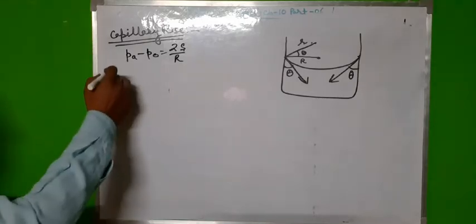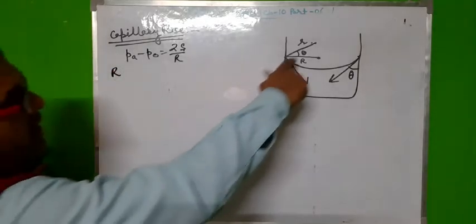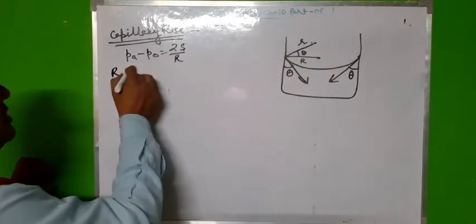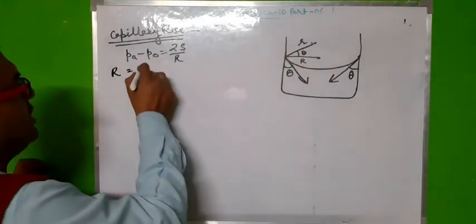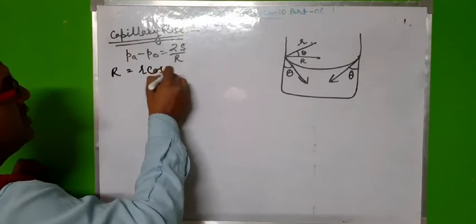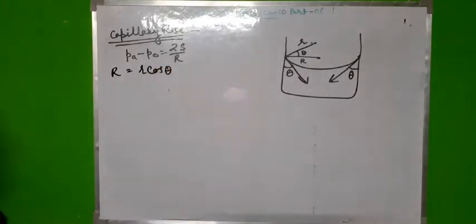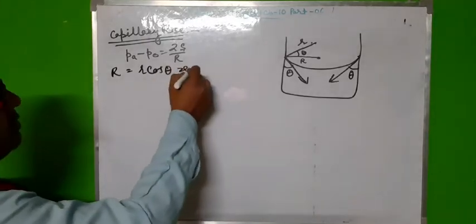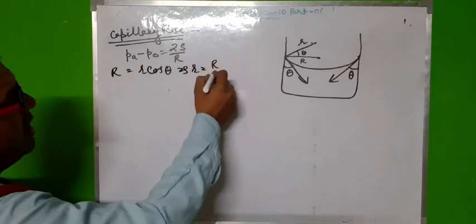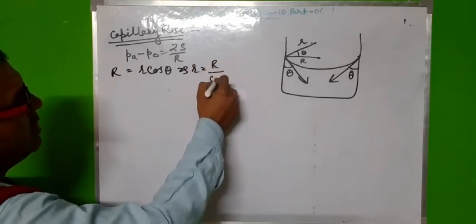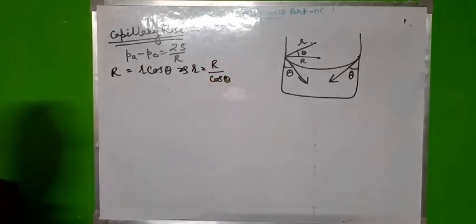Now capital R, look here, capital R can be given as the component of r along here, that is r cos theta. Capital R is equal to r cos theta, and from here a small r can be calculated as R upon cos theta.